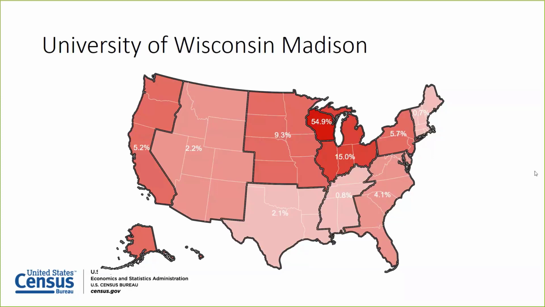I don't know if you can see my cursor, but 55% stay in Wisconsin, and an additional 15% stay in basically the neighboring states. So you can see that University of Wisconsin-Madison is a pretty regional school, and most of their graduates are employed 1 year after graduation in neighboring states, pretty close by.